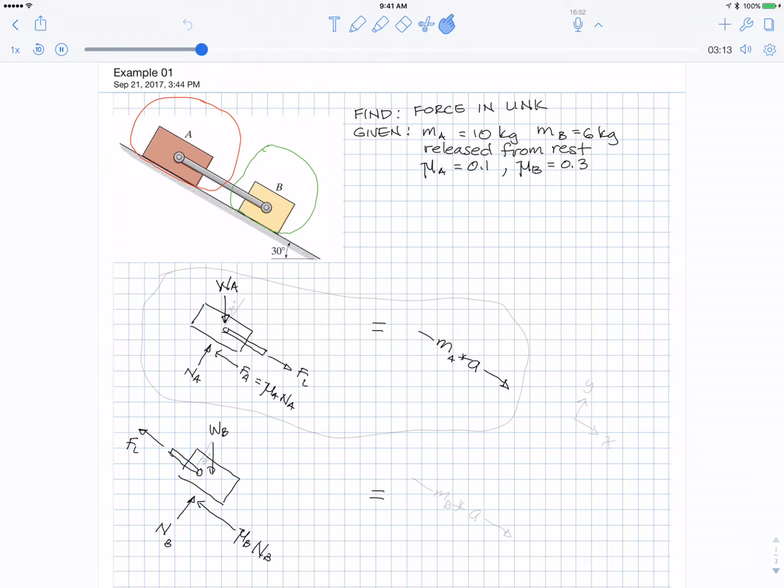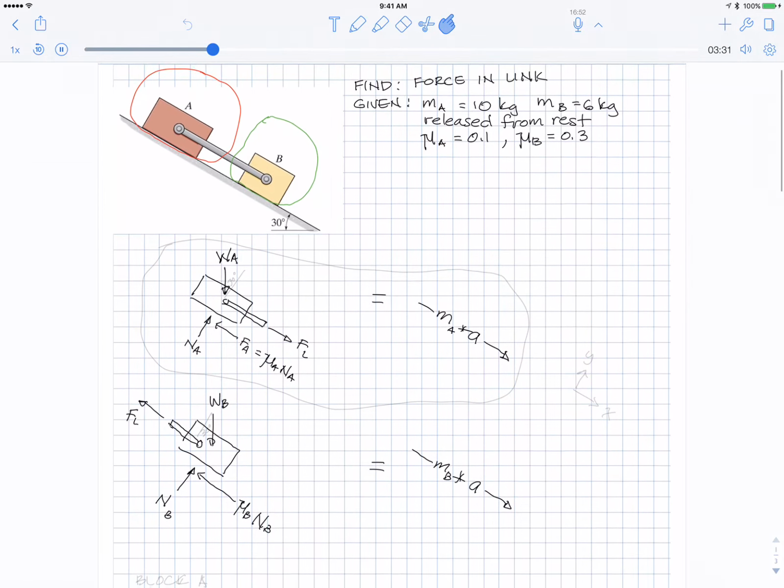And since the two blocks are connected by the link, it's MB times the same acceleration going down at 30 degrees. Okay, so between these two drawings, we should be able to solve for everything.